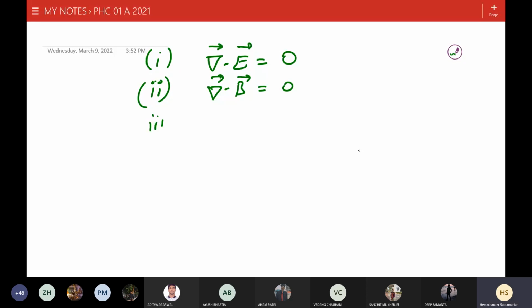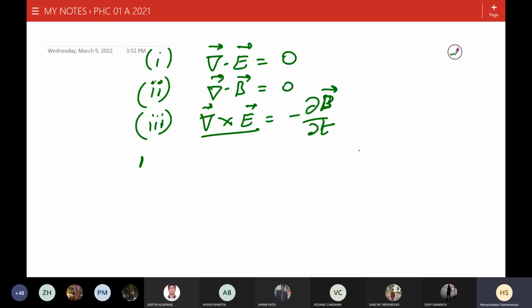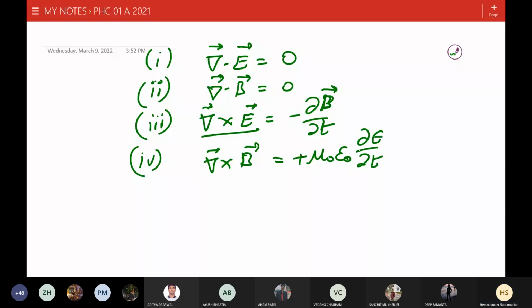Third, curl of E is minus dou B by dou t. Changing magnetic field creates curling electric field, and curl of B is related to plus mu naught epsilon naught dou E over dou t. Changing electric field creates curling magnetic field.